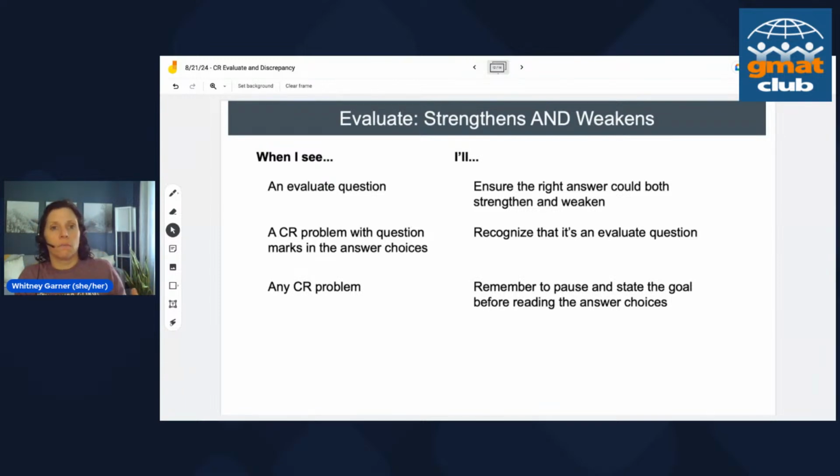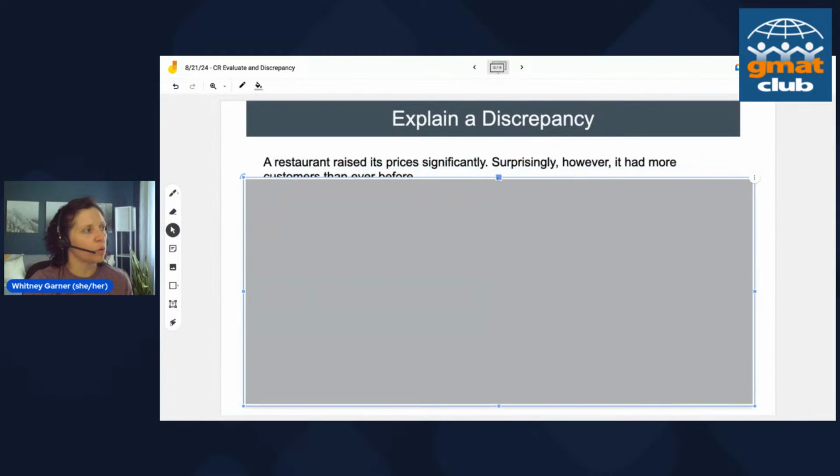We're thinking of arguments where the author is drawing a conclusion that lacks support. For explain a discrepancy, what we're thinking about is bad research. Okay, so we're thinking about arguments for which the author is lazy. So let me give you an example of what I mean. Let's say I told you the following.